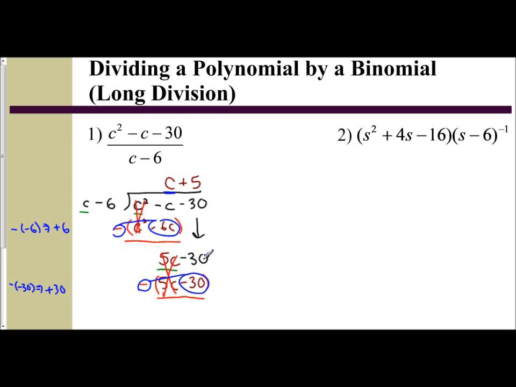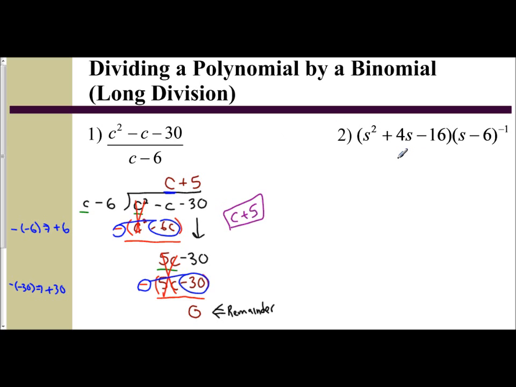So negative 30 plus 30 is 0. And this number represents your remainder. And it's nice when you have a remainder of 0, because then we don't have to take it into consideration with our final answer. So the answer when you divide c squared minus c minus 30 by c minus 6 is c plus 5. That is the answer.